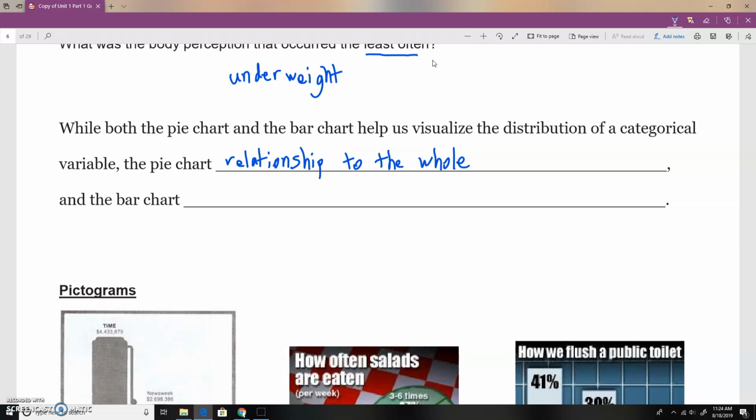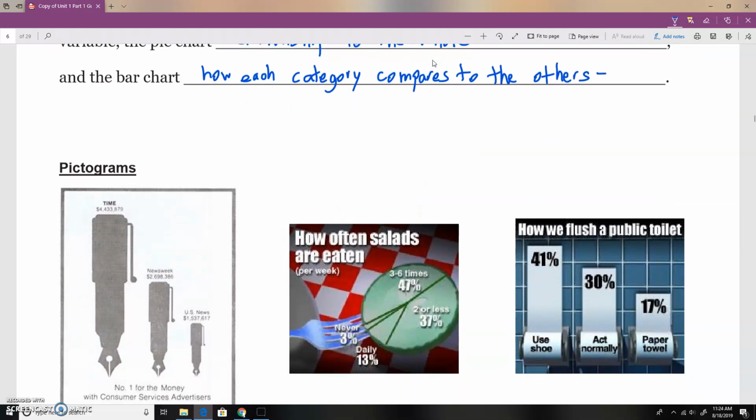And the bar chart will show us how each category compares to the others. Okay, so a pie chart shows us the relationship of each category to the whole, being the 1,200 students in this case. And the bar chart shows us how each category, underweight, overweight, about right, compare to each other. Okay?